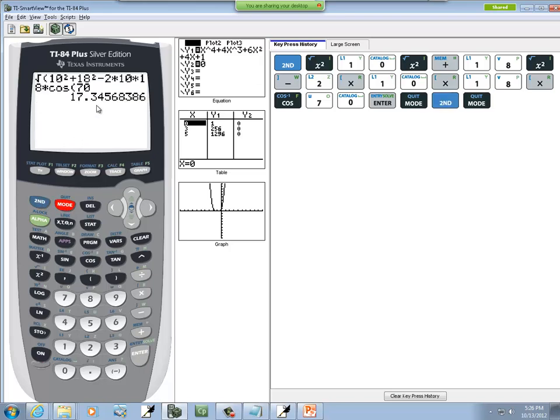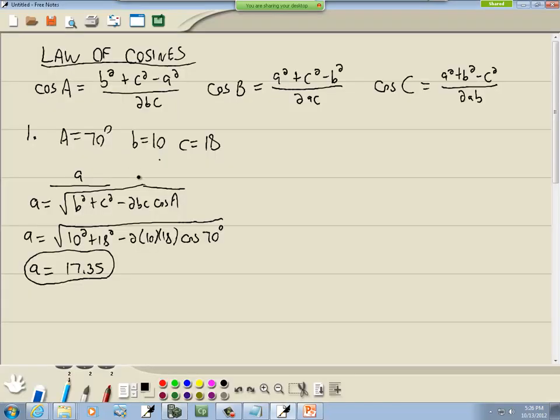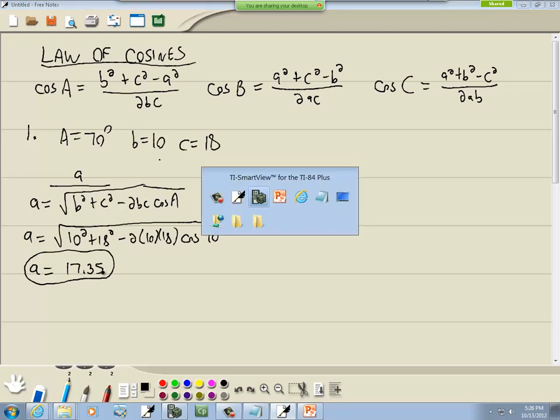Now we came up with this answer here, and I want to find B and C. In order to find B and C, I have to do one of two things: use the other formulas for the law of cosines or flip back to the law of sines. I'm going to use the other law of cosines formulas, but I need to save this value because it's an approximate, it's rounded.